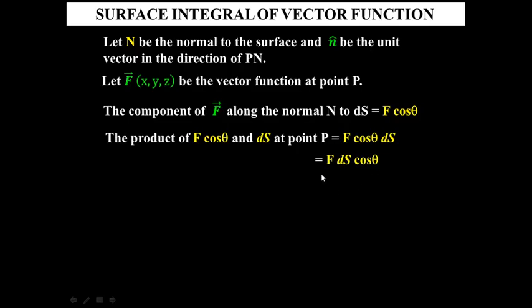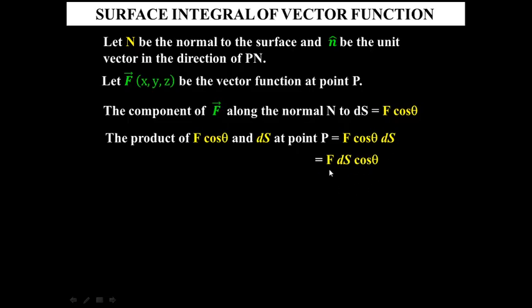Now f is the magnitude of vector f, dS is the magnitude of vector dS, and this is the cosine of the angle between them. So this is nothing but the formula for the dot product: the dot product of two vectors is the product of their magnitudes and the cosine of the angle between them.